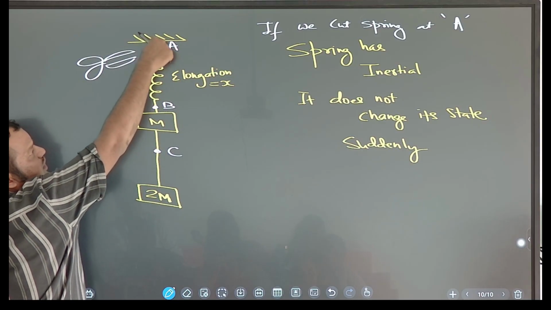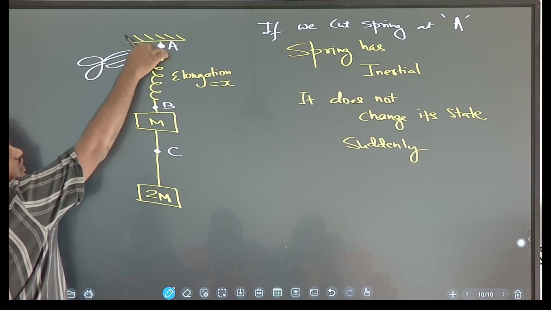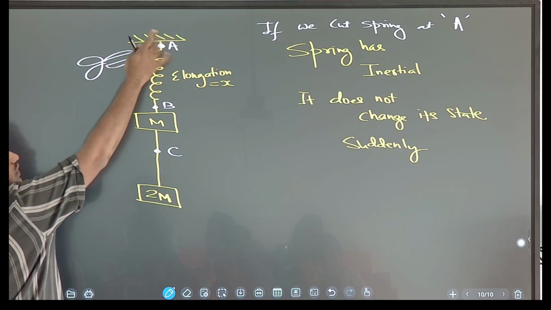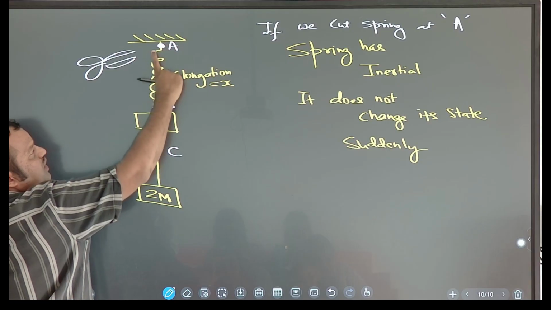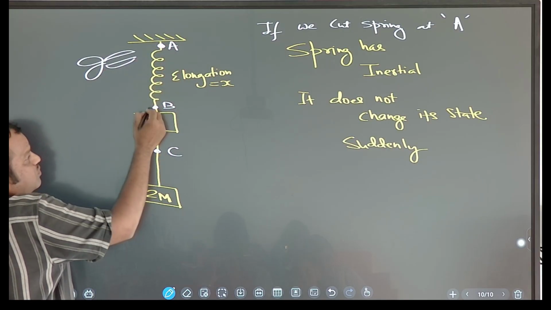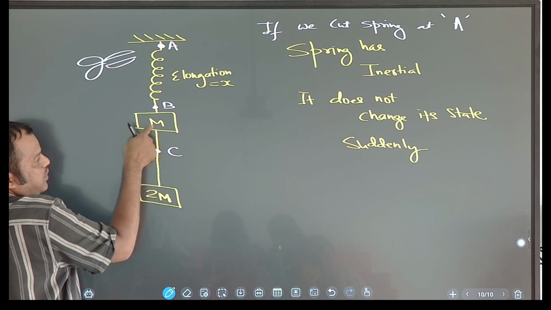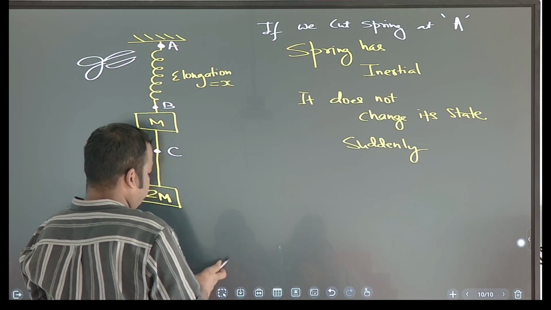If you cut the spring at A, the ceiling is not connected anymore. So the force from the ceiling will be absent, but the spring is elongated. So what is the force on M?